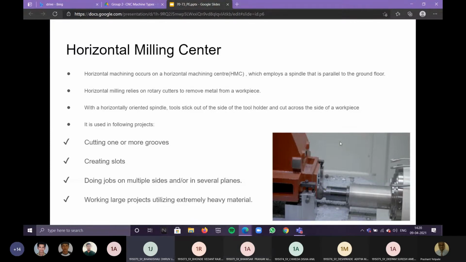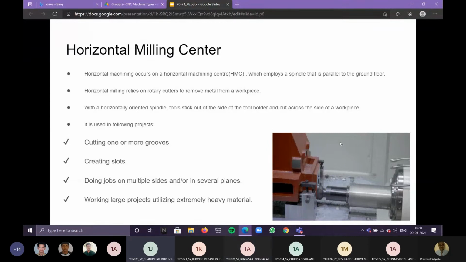So basically, horizontal milling machines have shorter and thicker cutting tools. The main parts of a horizontal mill are the base, column, knee, saddle, table, spindle, overarm, and arbor supports.